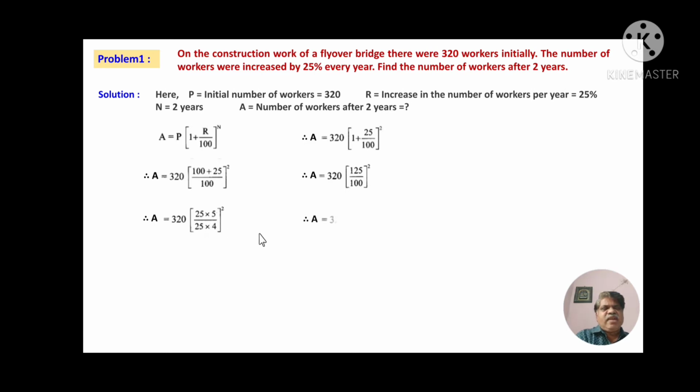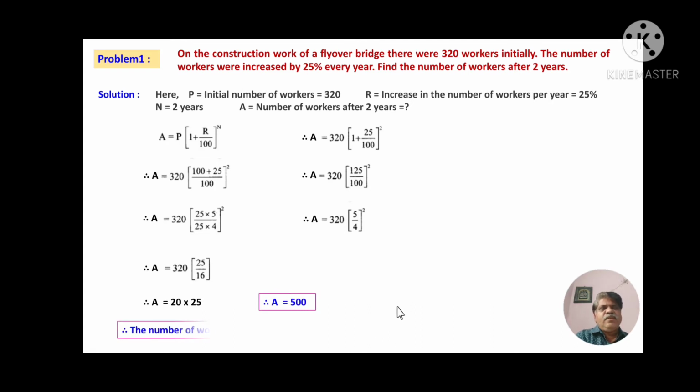The 25 cancels, and we get 320 into bracket 5 upon 4 raised to 2. Again simplifying, A is equal to 320 into 5 square, which is 25, upon 4 square, which is 16. After simplification, we get 20 into 25. So friends, A is equal to 500. Therefore, the number of workers after 2 years would be 500.